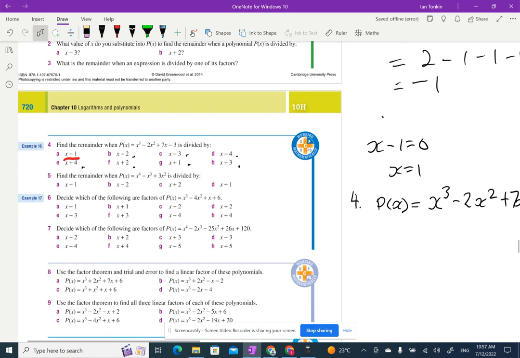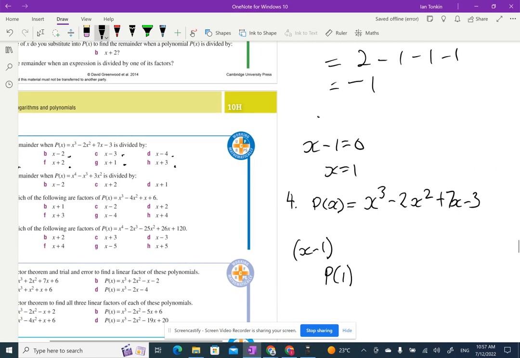Now, if I'm going to divide by x minus 1, I need to find p of 1. And I should show my substitutions, which will be 1 cubed minus 2 times 1 squared plus 7 times 1 minus 3. And I'll get my remainder.